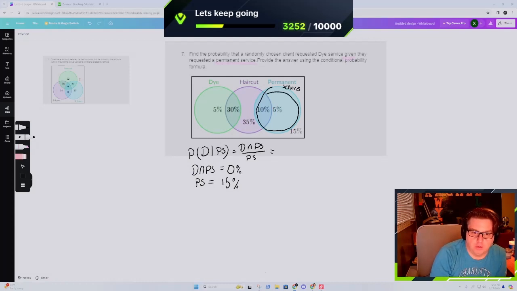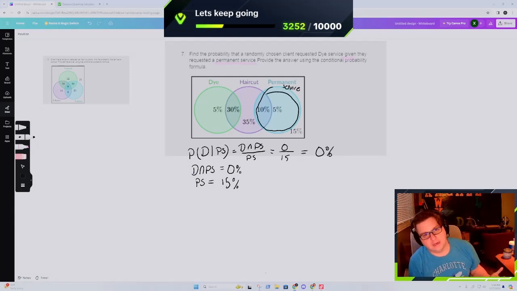And now if we plug it into our formula, 0 divided by anything is going to come out 0. So there's no way to get a die, or at least no one requested a die and a permanent service together. They either wanted their die or they wanted a permanent service, but they never did them both together. And that's why you get this 0%.